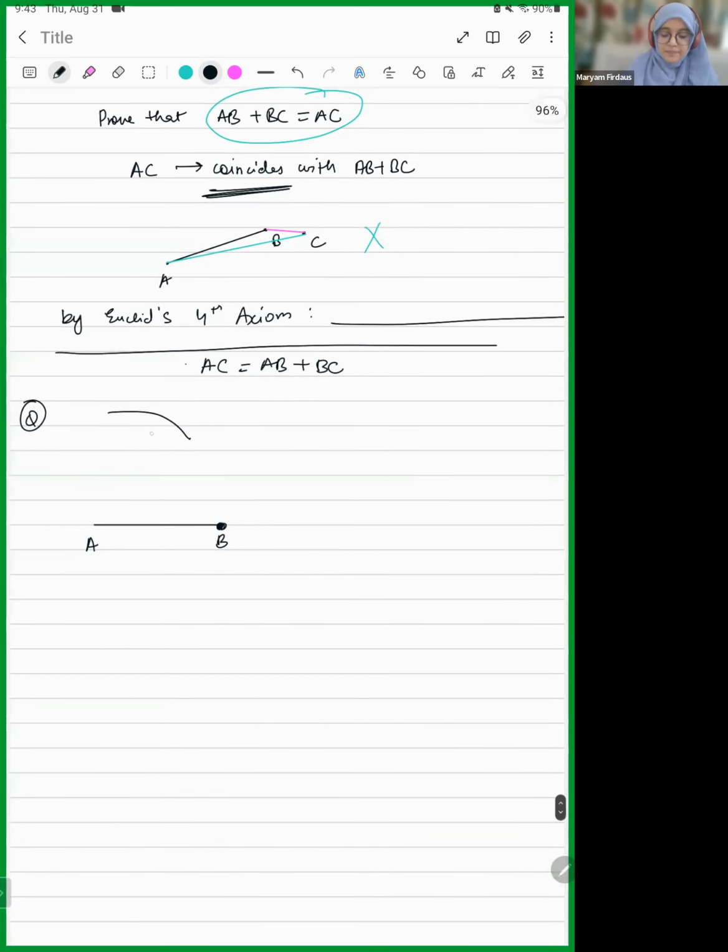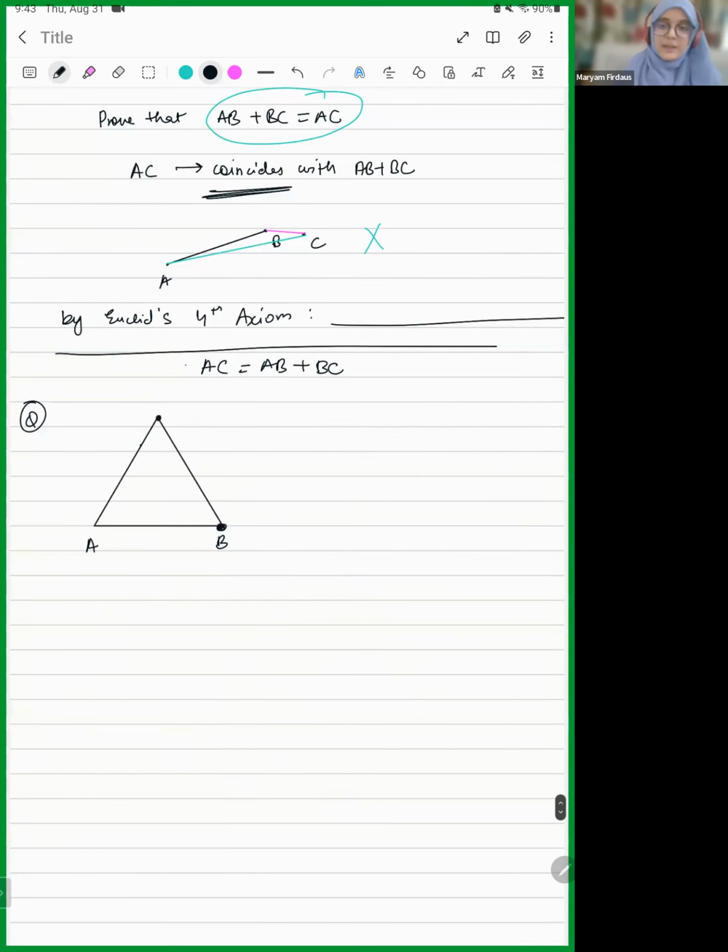With the same length, just make an arc over here. Now connect this point to A and connect this point to B. What you have here is an equilateral triangle.